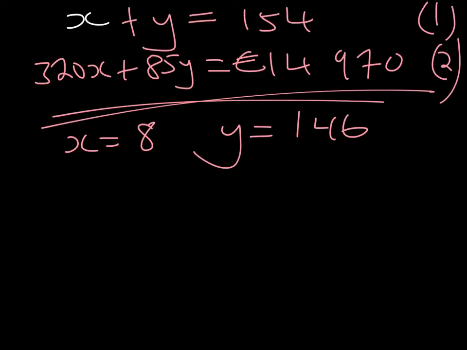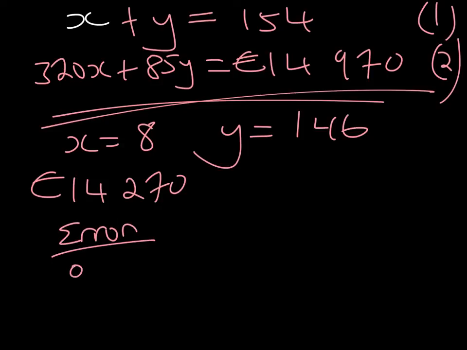In part D, we are told that the airline's finance officer wrote down the total amount mistakenly as 14,270 euros, and we're asked to find the percentage error. So remember, generally the formula for percentage error is error over original, or the correct amount, multiplied by 100.